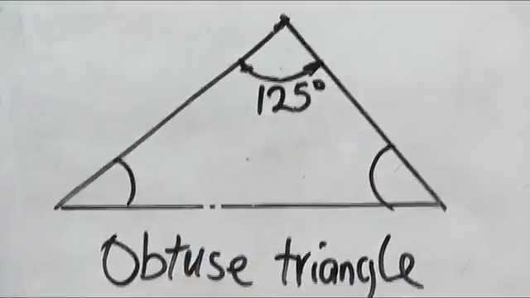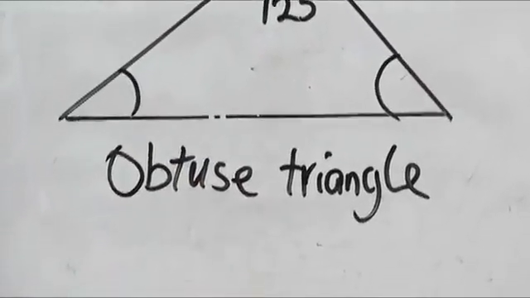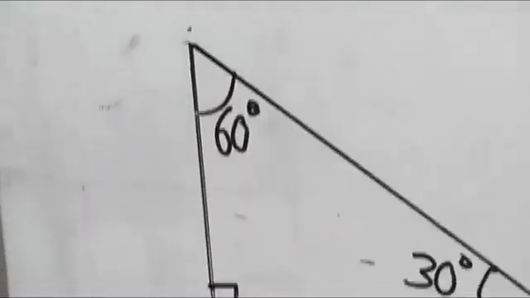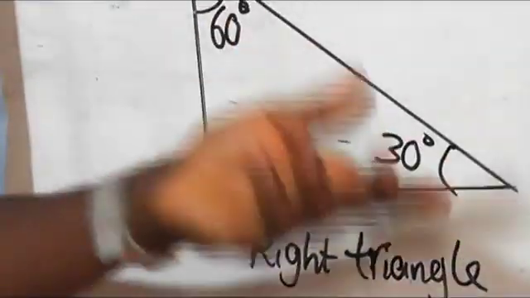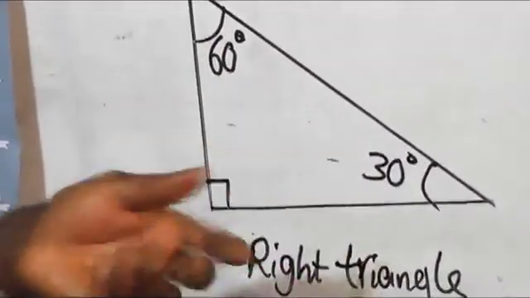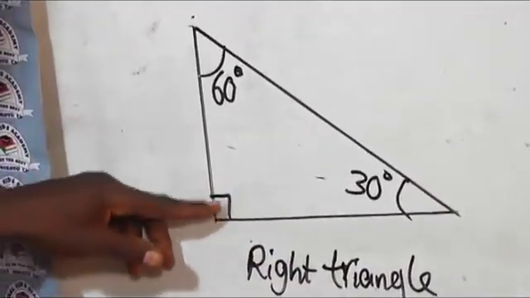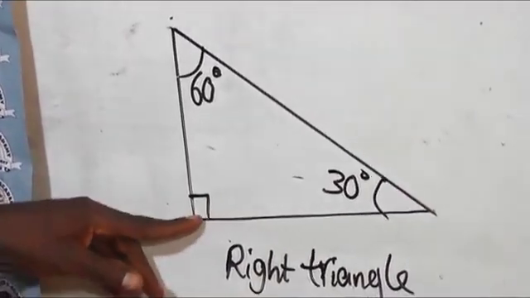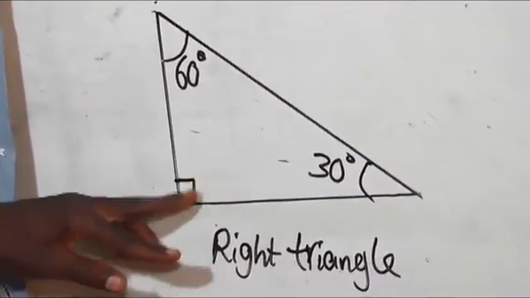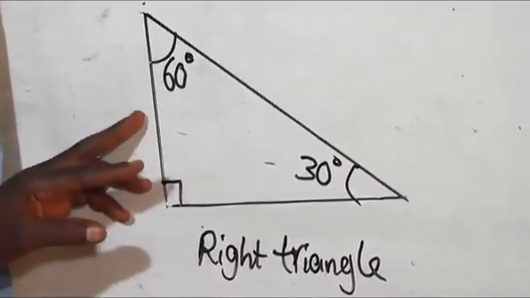Okay? Now we still have another type of triangle here, which we call the right triangle. If you don't call it right triangle, you can call it right angle triangle as we always call it. Now if you look at this, you see that one of the angles is exactly what? 90 degrees. This symbol here represents what? 90 degrees.